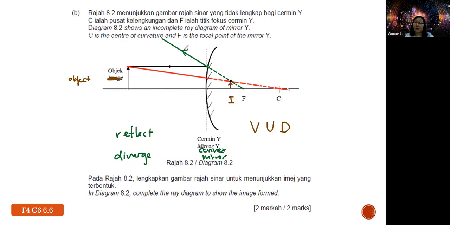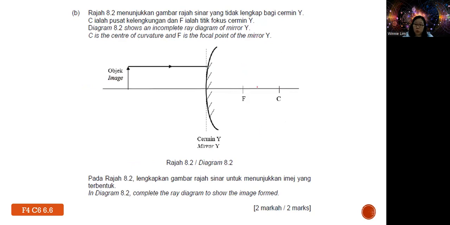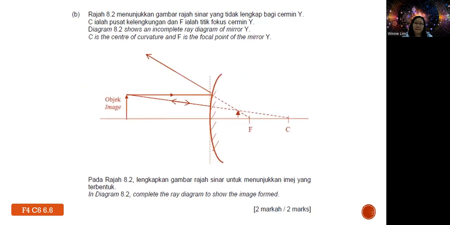They strike, they bounce, so the arrow goes up, and then for the ray that cuts C, the center of curvature, they will bounce back on its own path. So that's why you will have two arrows over here. But in the exam, if you are really not sure where to use dotted or clear line, then you draw everything clear line, but no dotted at all. But if you know, then you draw the correct one.